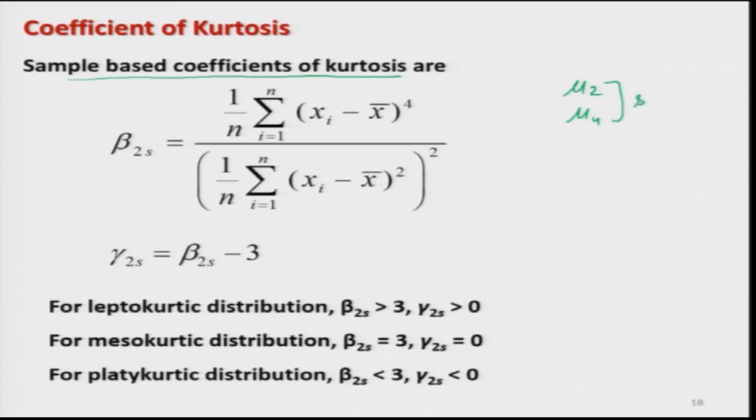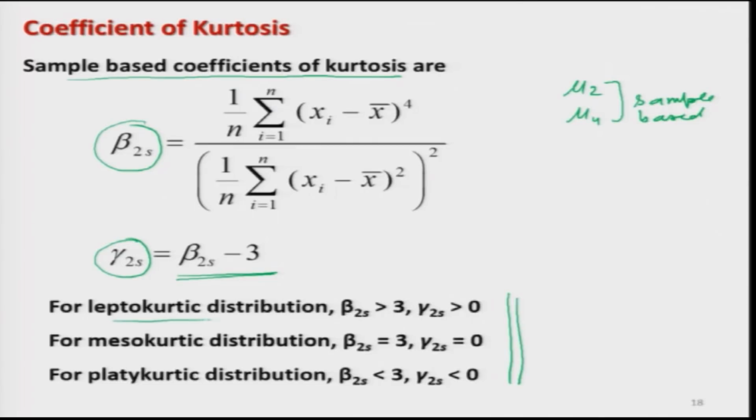I will compute the sample based moments, that means the values of mu 2 and mu 4 on the basis of a given set of data, and I will simply replace them in the coefficient of kurtosis, and I am denoting this coefficient of kurtosis as beta 2 s, where s means sample. Similarly, gamma 2 is now transformed to gamma 2 s, which is beta 2 s minus 3, and they have the same interpretation as we have in the case of beta 2 and gamma 2.